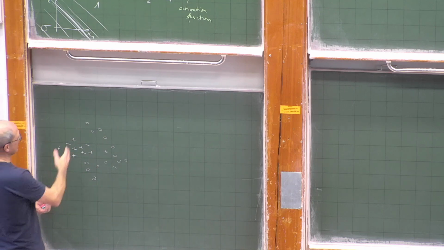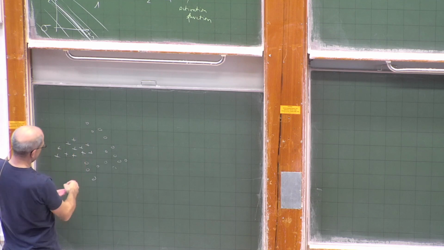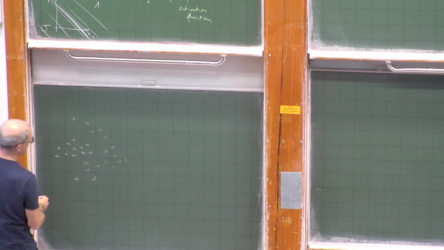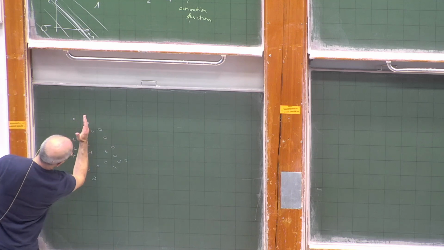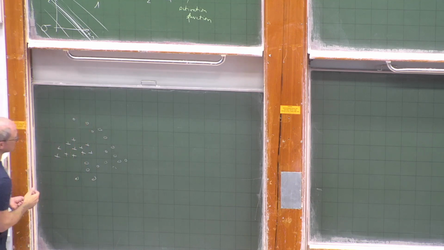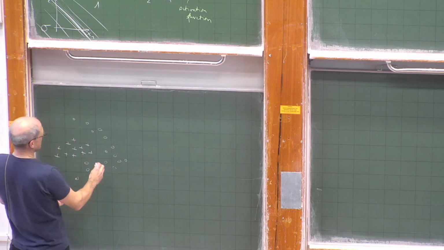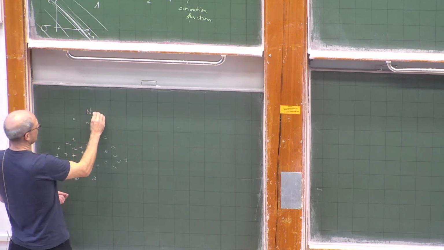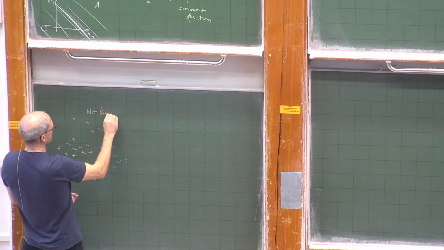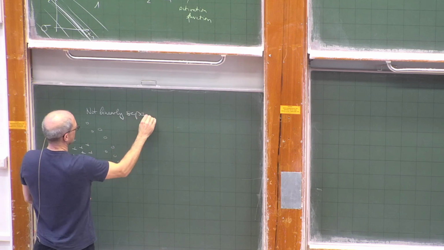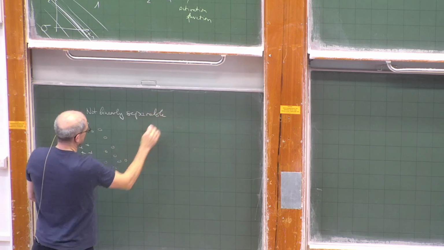Okay, I can try and train a perceptron on this, but I will always make some errors. No matter what I do here, there will always be at least a few labels on the other side. So this particular problem here is not linearly separable, this classification problem.